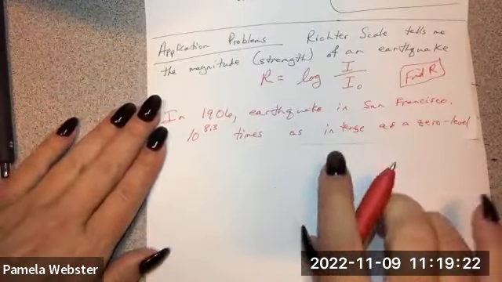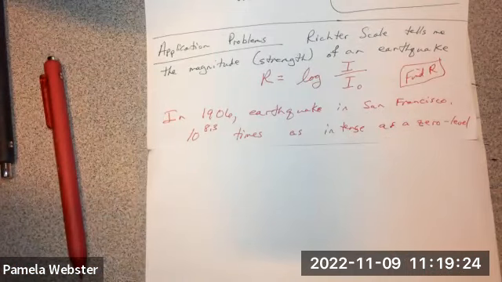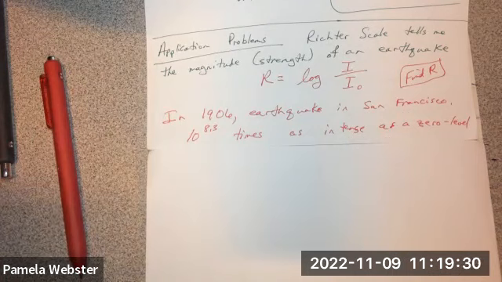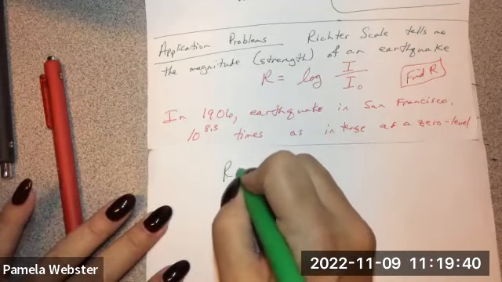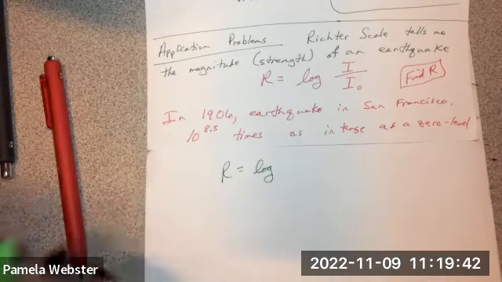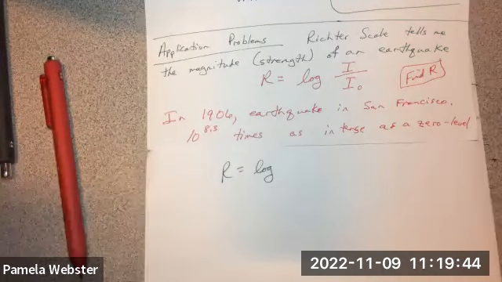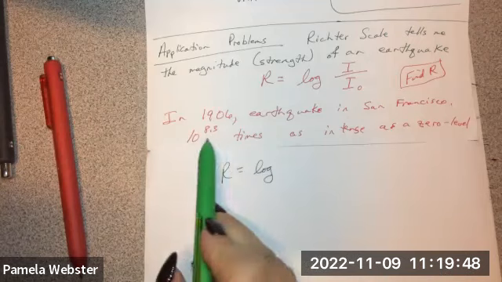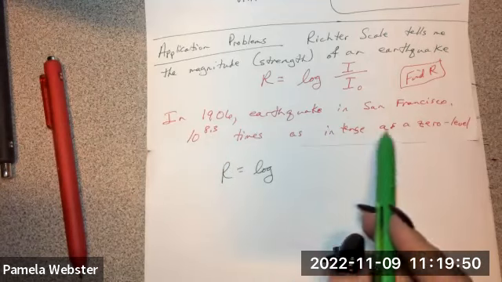All right, so that's what they want to know. So find R. It's not so bad. What we have to do is relate the earthquake in San Francisco with a normal 0 level earthquake. So the formula is R equals the log of, and the intensity of this particular earthquake is 10 to the 8.3 times as intense as the 0 level.